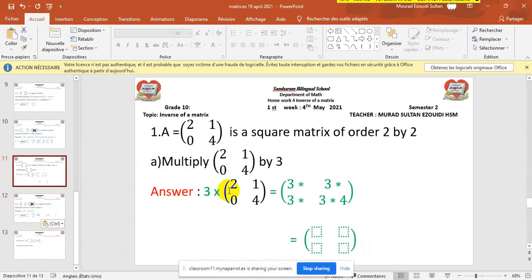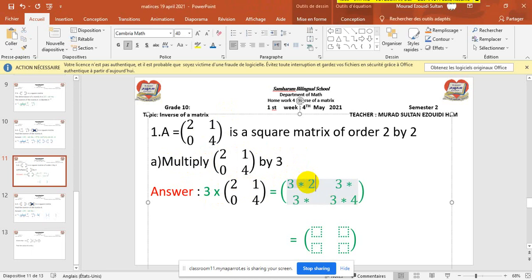Now this is your homework, clear. Each student will open it, and it will be like that. So she will multiply this matrix by 3, it will be 3 by 2, I will write here 2. Then 3 multiplied by 1, I will write here 1. Then 3 multiplied by 0, I will write here 0.